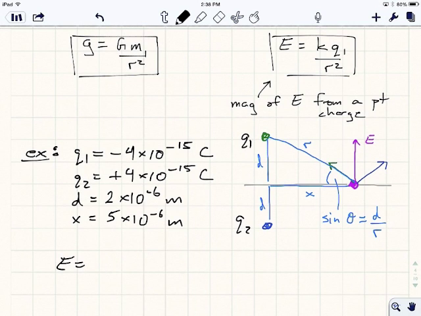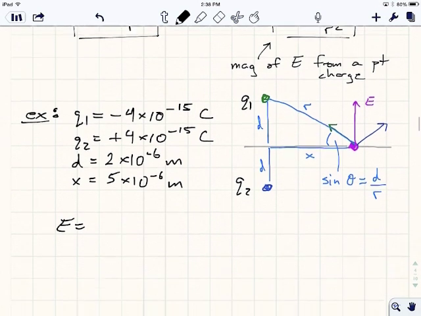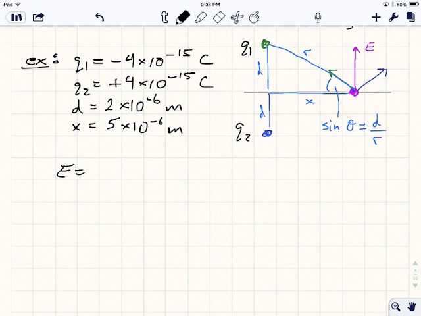All right, so now I want to calculate the magnitude of the electrostatic field. What we said before was that the electrostatic field only has a y component, so that's the only part I care about. The electrostatic field is going to be a sum of the electrostatic field from charge 1 in the y direction plus the electrostatic field from charge 2 in the y direction. The magnitude of the electrostatic field is given by kq1 over r squared, and if I only want the y component, then I just want the sine of the angle.